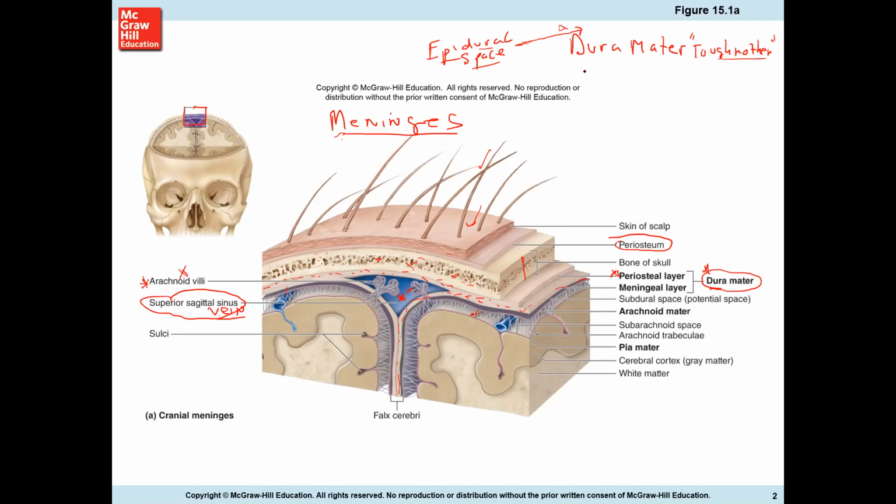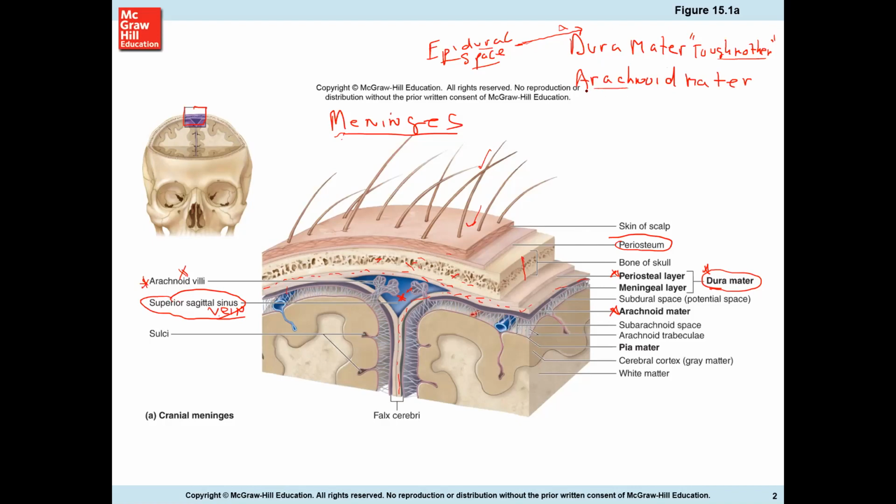Okay, so now the next layer below the dura is the arachnoid mater. Now the arachnoid mater is kind of spider-like. That's why I call it arachno. It means spidery.